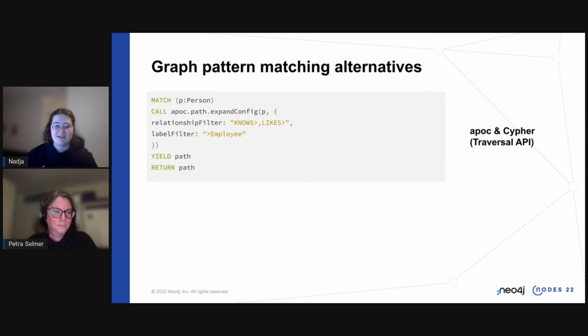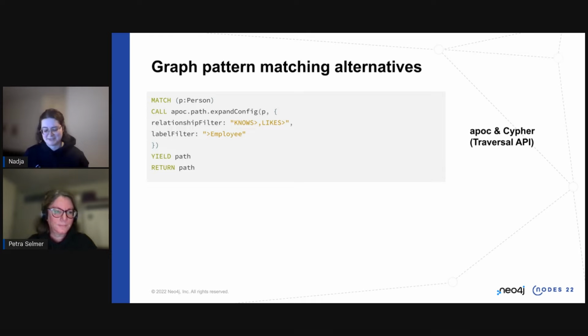Here you can define a relationship filter, which has outgoing nodes relationships followed by an outgoing likes relationship. That is the arrow at the end of the type name. And you can also define something they call the node end filter, also symbolized with this outgoing symbol, which says the last node that you match should have a label employee, essentially.